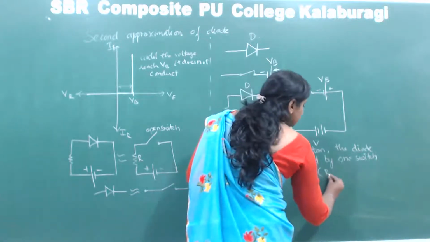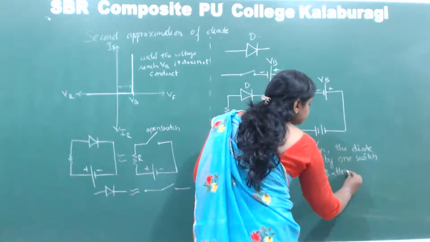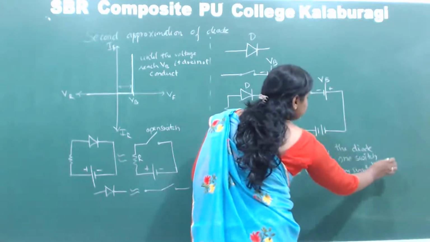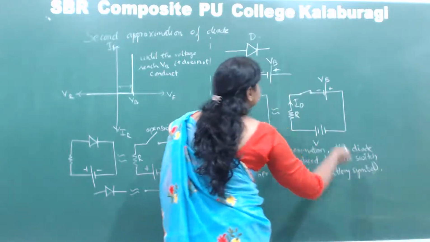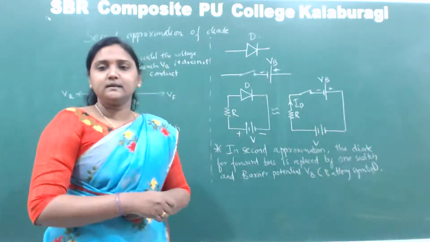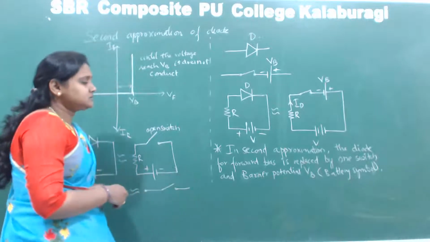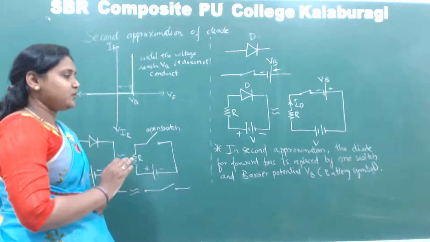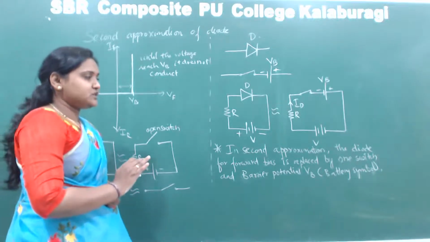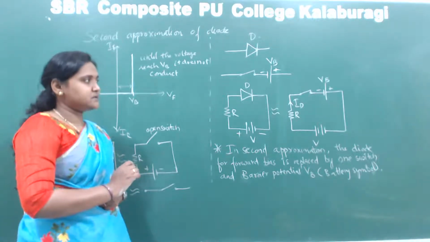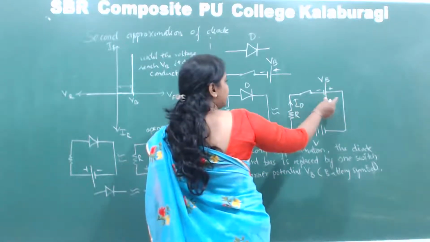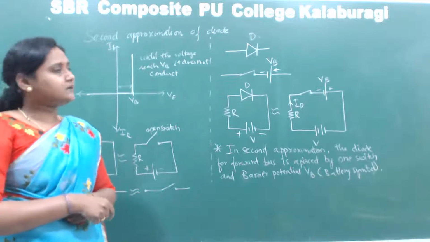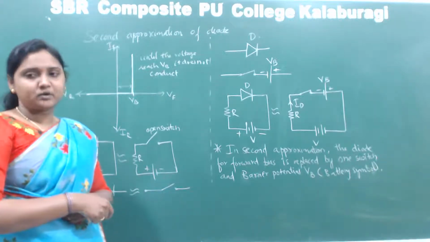That is a battery symbol, inverted. So in second approximation, the diode for forward bias is replaced by one switch and barrier potential VB. That is battery symbol. So it is showing one switch here and a battery symbol here. This is the second approximation.